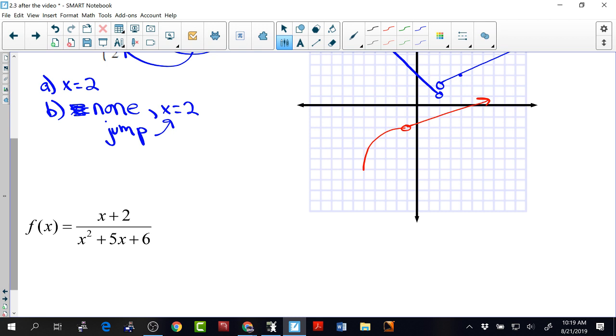The question is, what value could I assign at x equals -1 so that it would be continuous to remove the discontinuity? -2. Right there. You'd give it a value of -2, and that would remove the removable discontinuity.